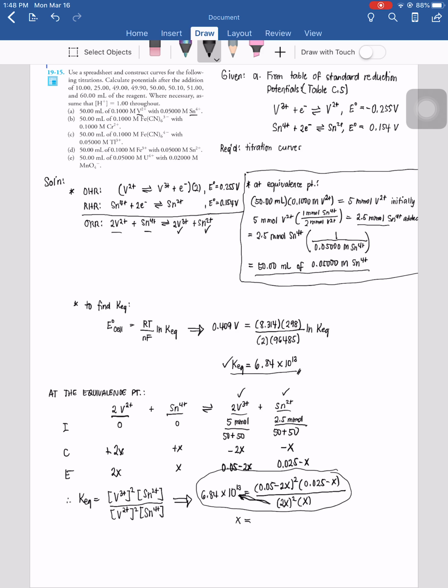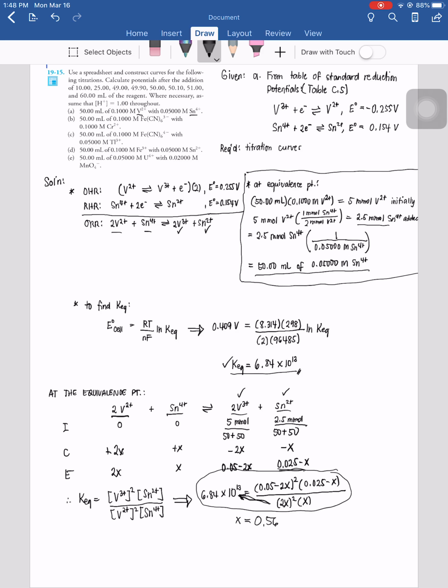Okay. The value I got from my calculator is 0.056. So I find that one hard to believe because if you can see here, the concentration is 0.025 initially for our tin-2.